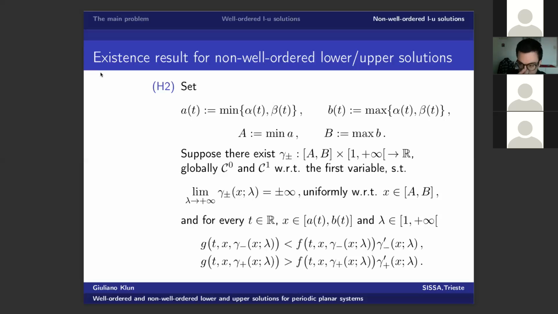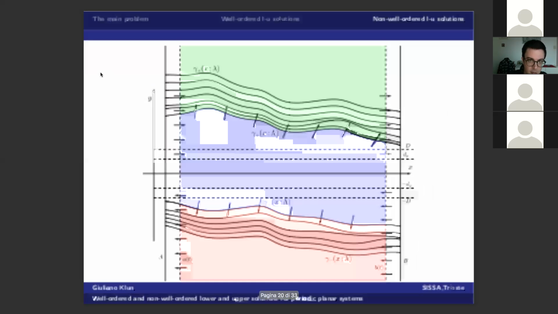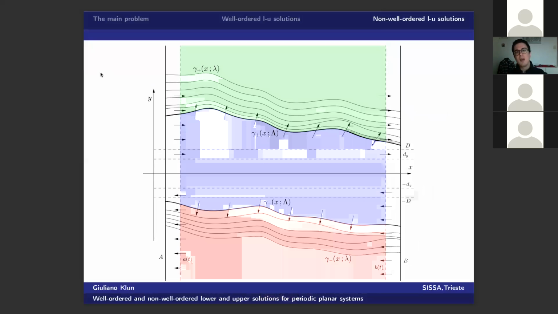But more surprisingly, it's not necessary to request that this inequality holds for every x between capital A and capital B. It is somehow an intermediate case. The situation again is this.